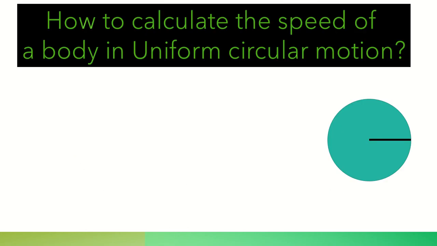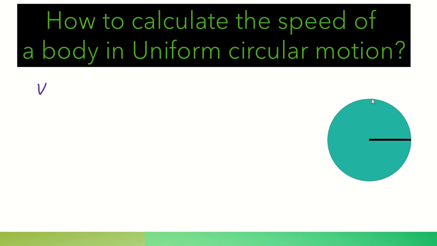Now, when I say the speed is constant, how do you calculate the speed of a body which is undergoing uniform circular motion? We know that speed is equal to distance covered divided by time. Always remember, in uniform circular motion, speed is constant, the magnitude of velocity is constant, but the direction is changing.